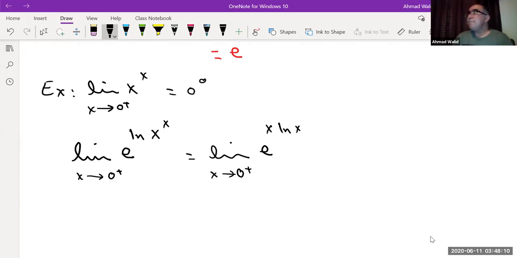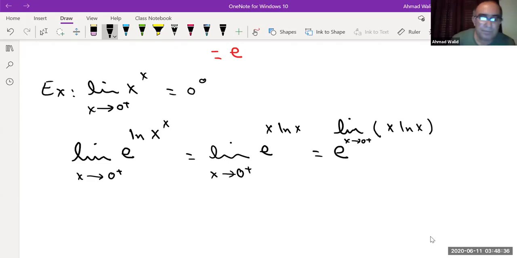If you remember from Calc 1, instead of limit of e, you can write e to the power of limit as x approaches 0 from the right of x ln x. You can move the limit to the top.